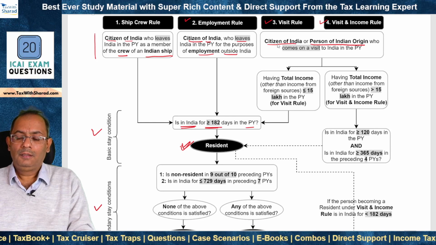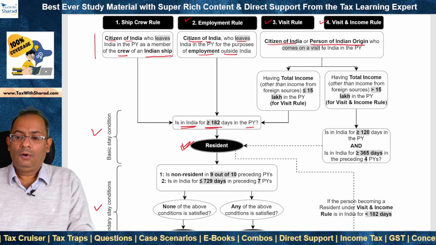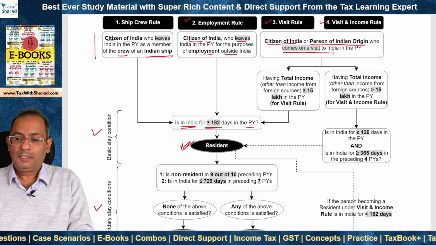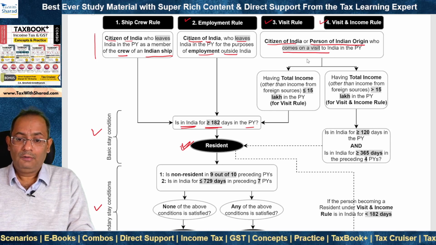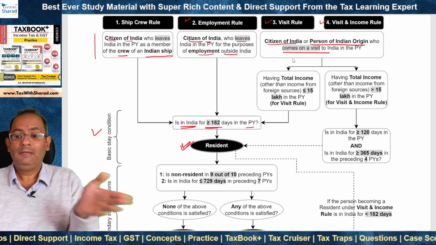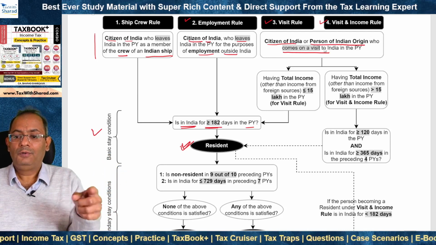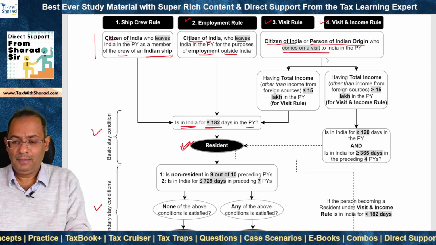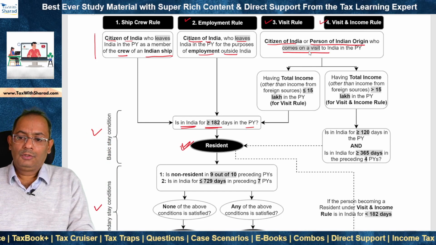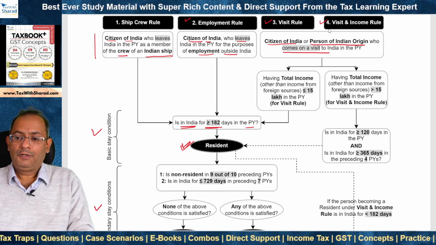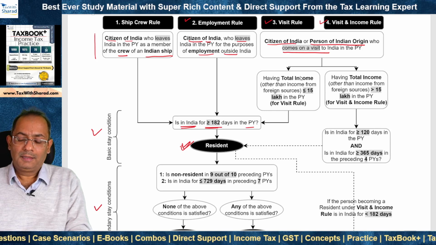So the person who is a citizen of India or a person of Indian origin who comes on a visit to India, so ship crew rule and employment rule apply where the person is leaving India, while the visit rule and visit and income rule apply while the person is coming on a visit to India, right? So in these situations, the visit rule and visit and income rule apply.